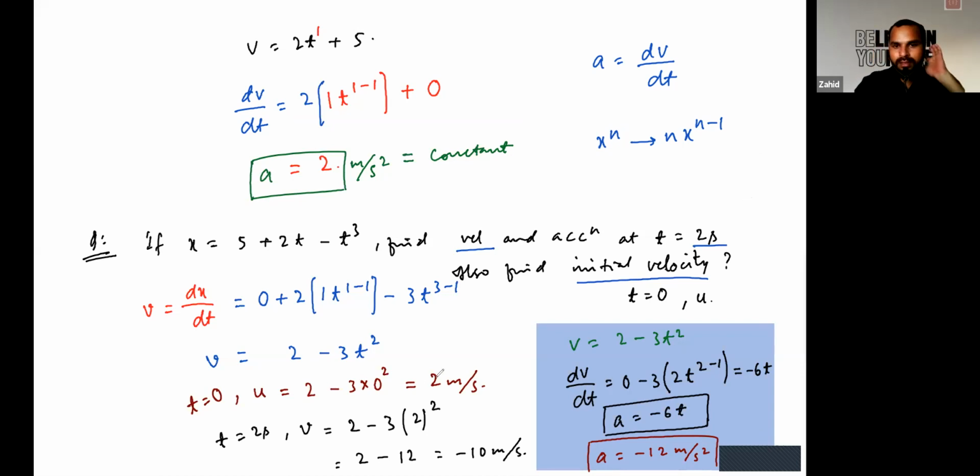Okay. So we have done how to solve these types of problems. The next is, using the calculus method, we have to derive the equations of motion as we have used in uniformly accelerated motion. You must have learned in class 9th or 10th to derive equations of motion using the graphical method or the algebraic method.